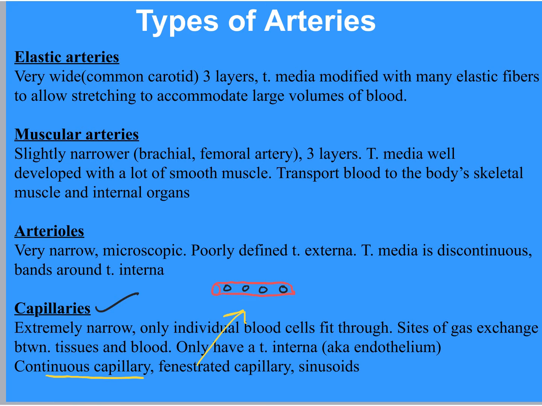And then another type of capillary is what we call a sinusoid. Remember when we were learning about the liver and the digestive system, that it has those sinusoids that pass through the lobules of the liver? So a sinusoid, let me see if I can draw this. Let's say here's the blood vessel. A sinusoid is going to have large pieces of the vessel missing completely.